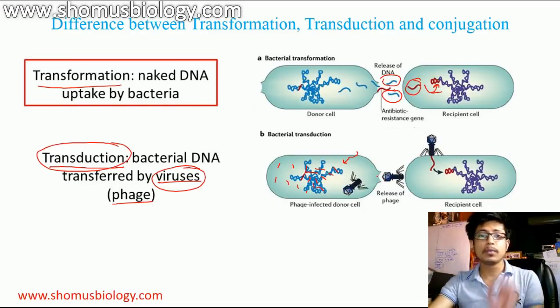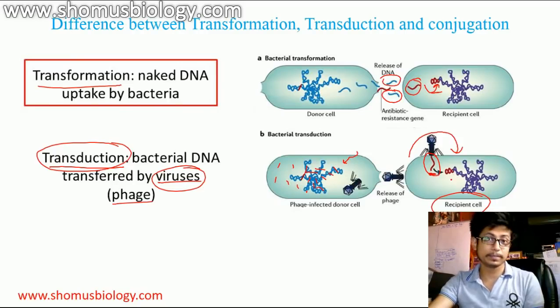Now the phage head, which carries the broken down bacterial DNA, can be transferred because that phage can go and sit and inject its DNA into a recipient cell. Now the recipient cell will receive the copy of the other bacterial chromosome or bacterial DNA. Now that DNA could again be incorporated into the recipient cell, so they can have new features this way.